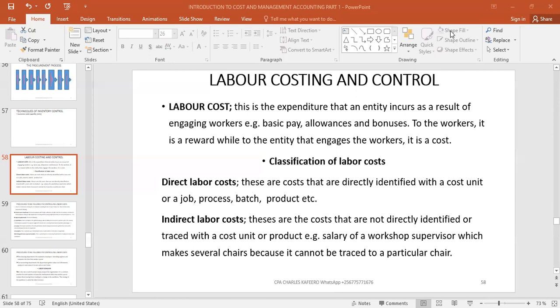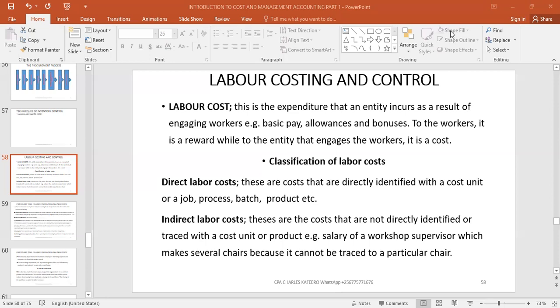But you have also the indirect labor costs. These are the costs that are not directly identified or traced with a product or a service.